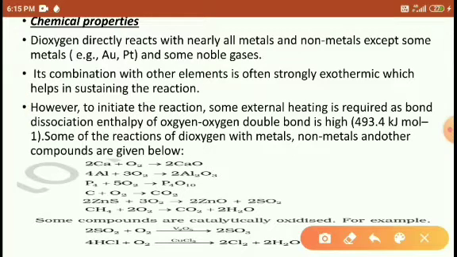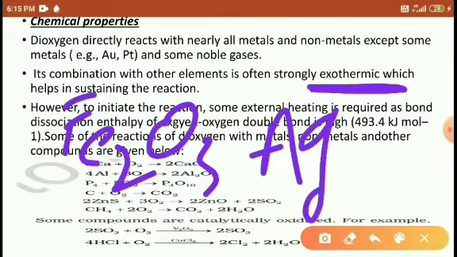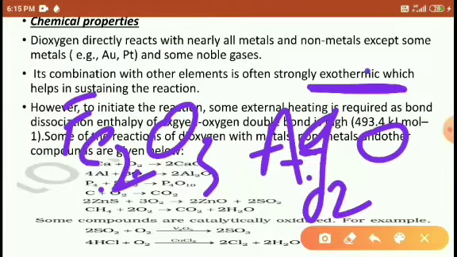Its combination with other elements is often strongly exothermic, which helps sustain the reaction. It combines strongly with metals, for example forming Fe2O3 or Ag2O, and it is exothermic in nature.